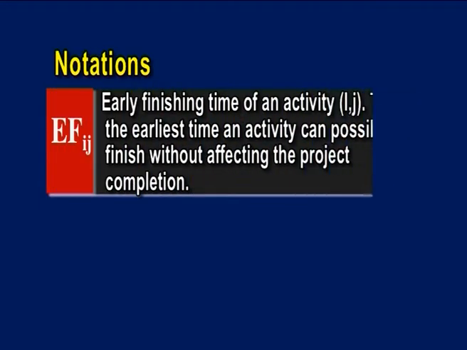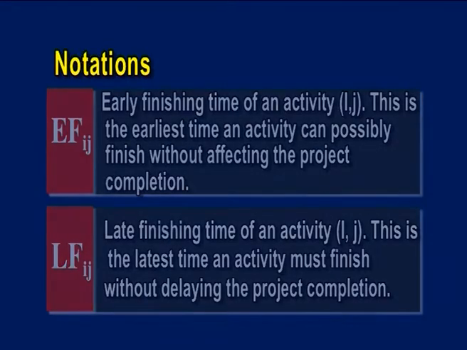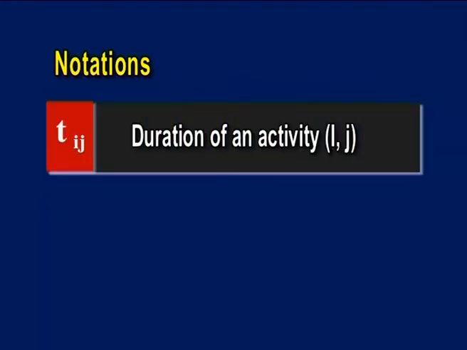Ef of Ij is the early finishing time of an activity Ij. This is the earliest time an activity can possibly finish without affecting the project completion. Lf of Ij is the late finishing time of an activity Ij. This is the latest time an activity must finish without delaying the project completion. T of Ij is the duration of an activity Ij.